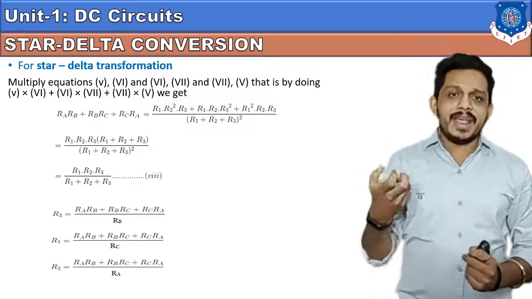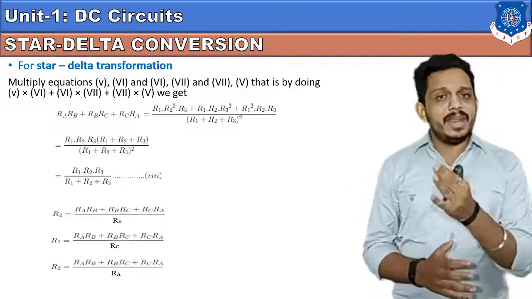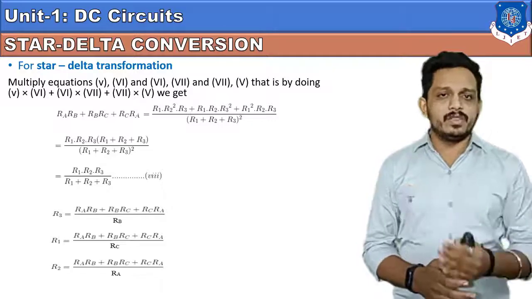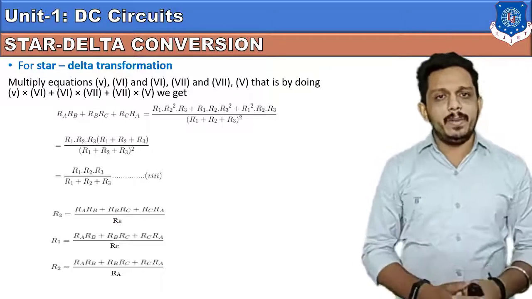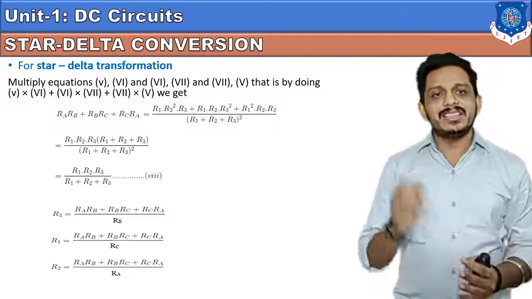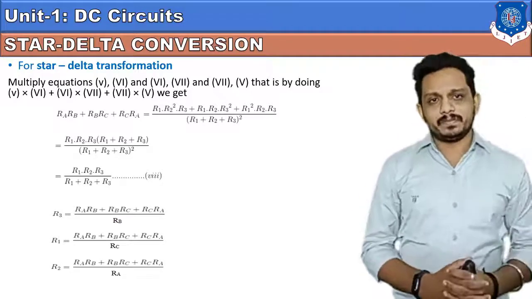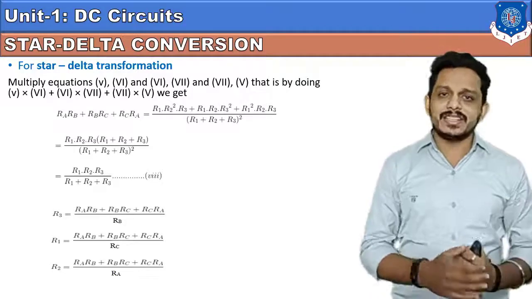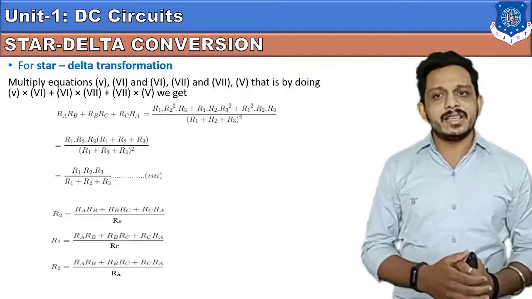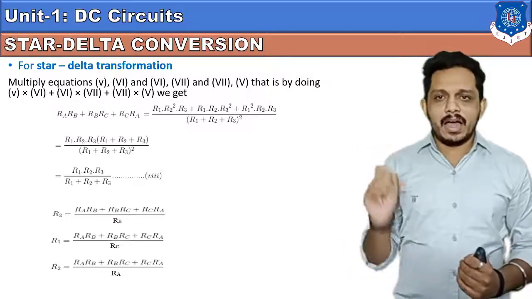So we can take R1·R2·R3 common from this equation. Then in the bracket it will be R1 + R2 + R3, and in the denominator it is (R1 + R2 + R3) square, so one bracket will be cancelled out.